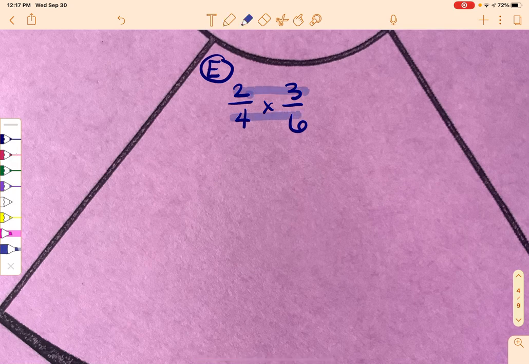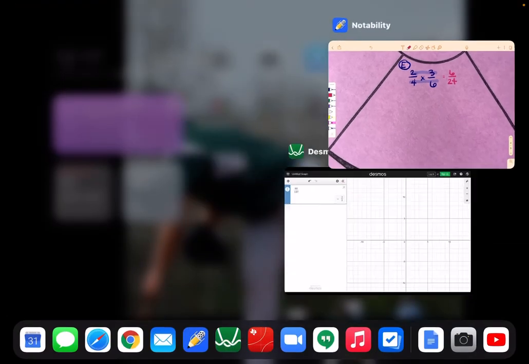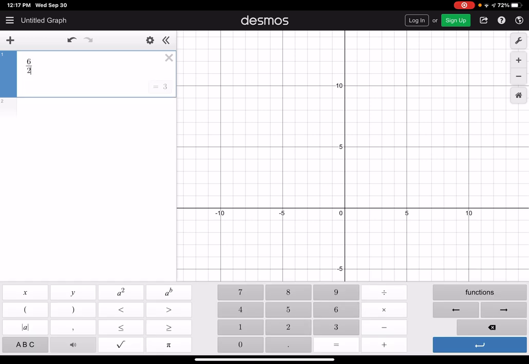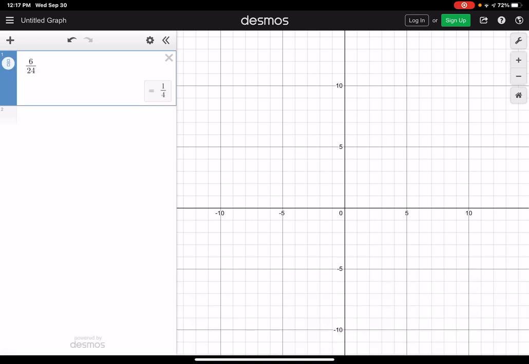Because they're both fractions, I'm going to multiply across. 2 times 3 is 6. 4 times 6 is 24. And now I'm going to go through and put this into decimals. So 6 over 24 reduces down to 1 over 4.